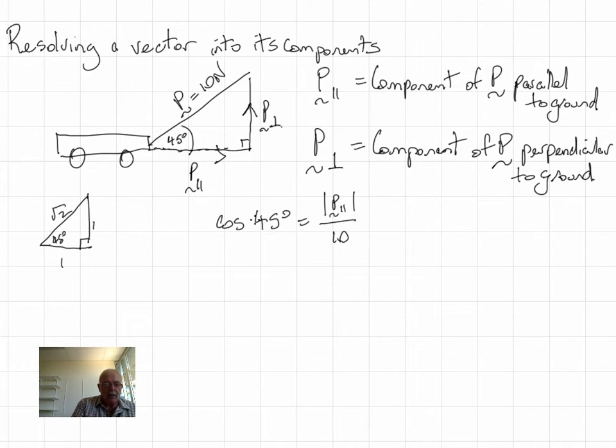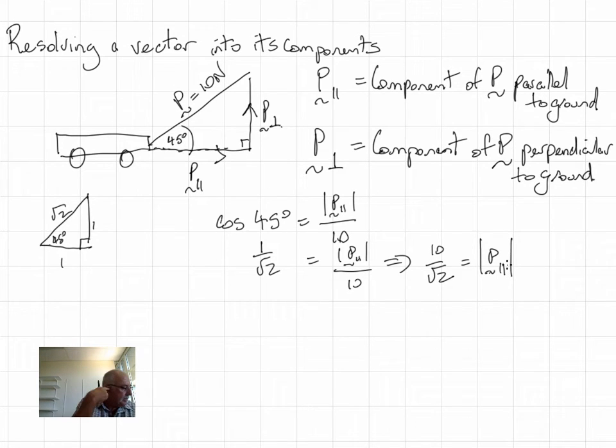So we know that the cos of 45 is 1 on root 2, so 1 on root 2 equals the part of force P that is parallel to the ground, all over 10. And by multiplying both sides by 10, we've got 10 over root 2 is equal to the value of P parallel.